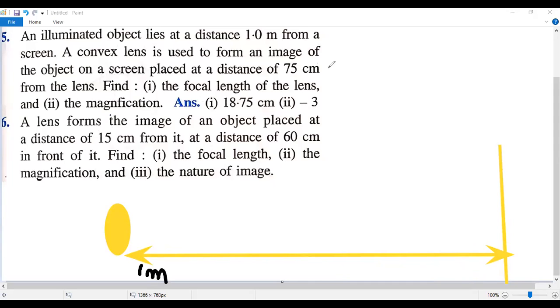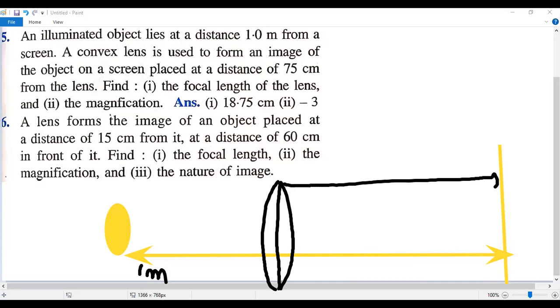So the question is, a convex lens is placed to form an image of the object. So this is a convex lens. A convex lens is placed to form an image of the object on a screen placed at a distance of 75 centimeter from the lens. So the distance between the screen and the lens is 75 centimeter.